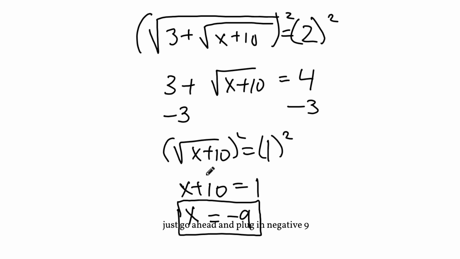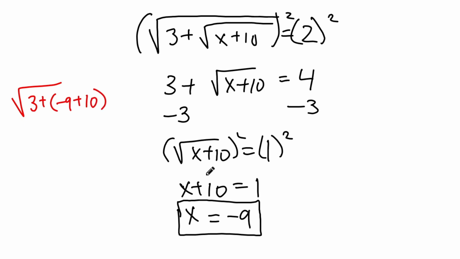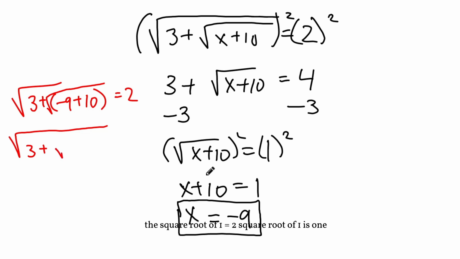So let's plug in negative 9. We'll get the square root of 3 plus the square root of negative 9 plus 10 equals 2. So then we'll get the square root of 3 plus the square root of 1 equals 2.